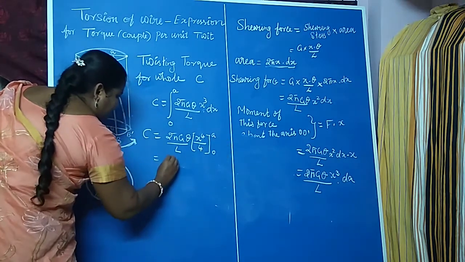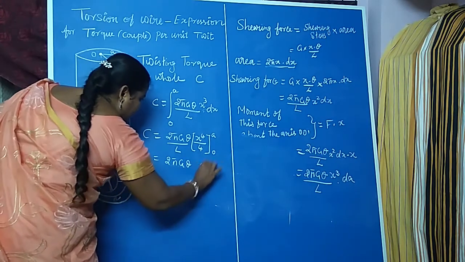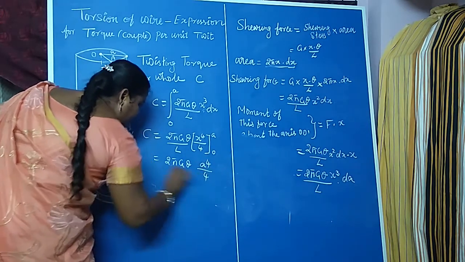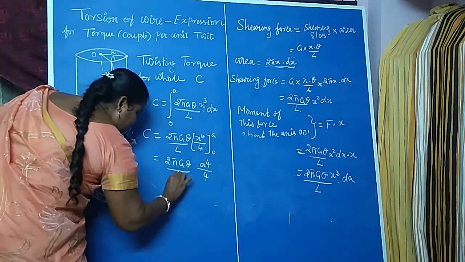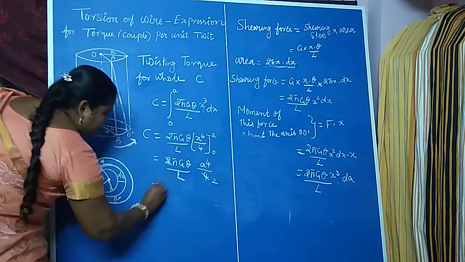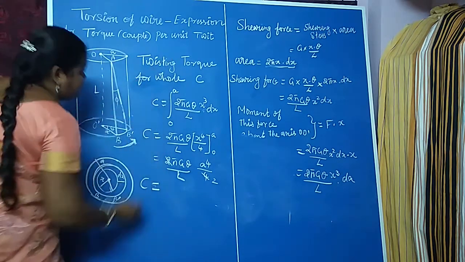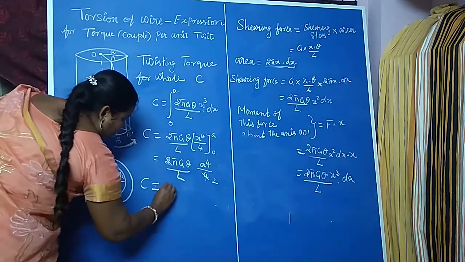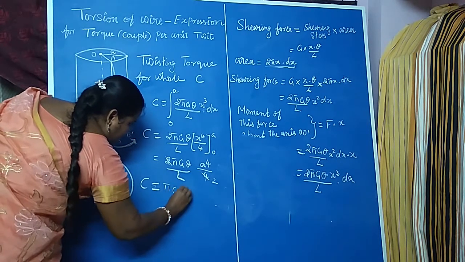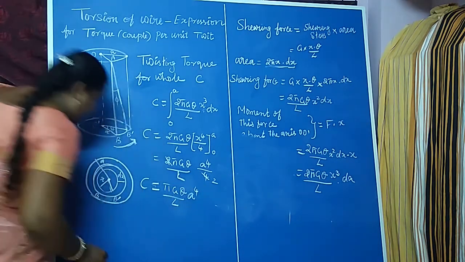So we are getting 2 pi G theta a power 4 by 4 L. On cancelling, we get 2. So the final twisting torque is pi G theta by 2L into a power 4.